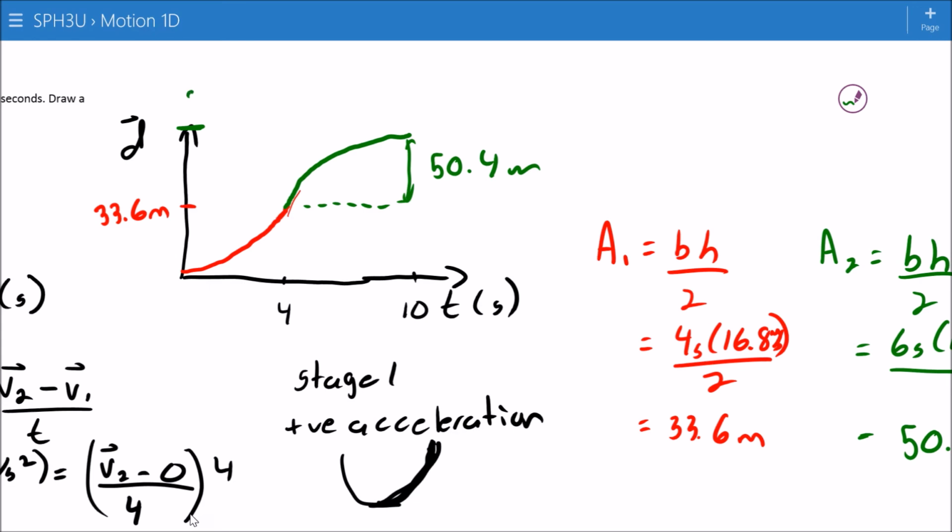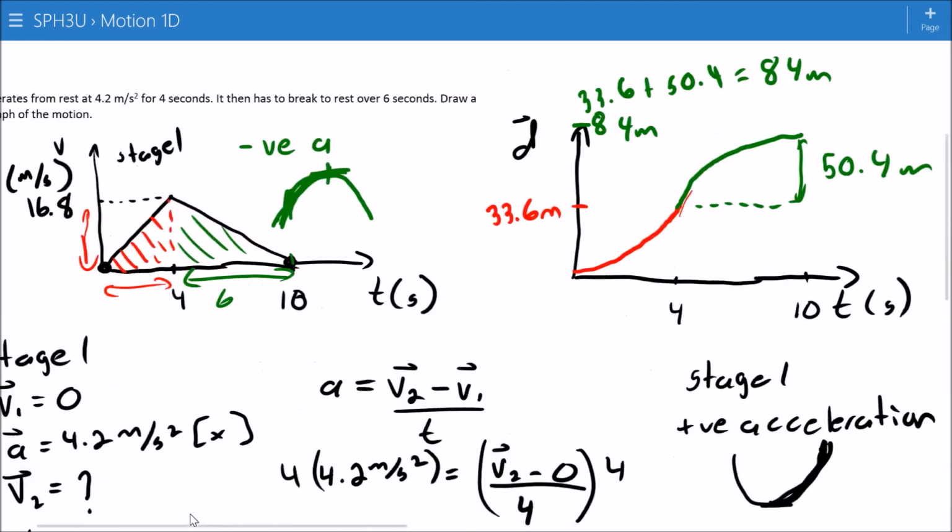So if you did 33.6 plus 50.4, you would get a total of, sorry, that'd be 84 meters. That's what this value would be.